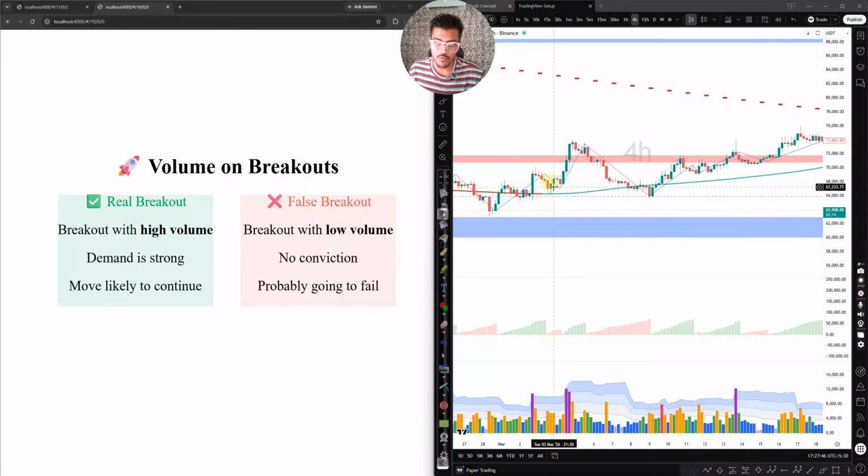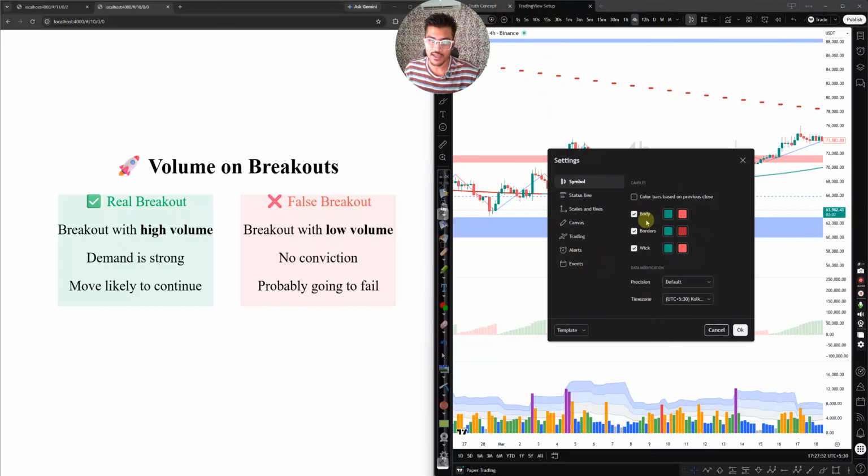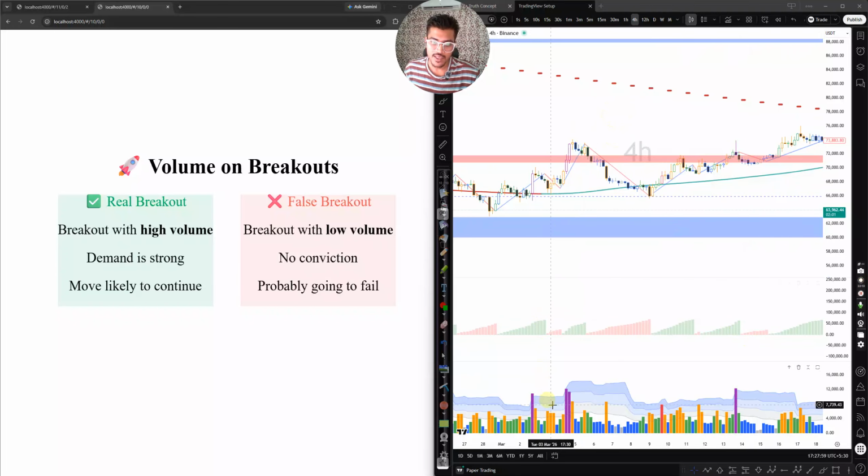So this move propelled that, let me actually enable the candle like that. See, the candle color and volume color match. See purple, very strong institutional buying, pulls back after that. Then again buying comes in.